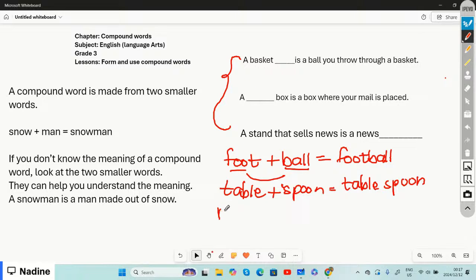And then, yes, we have news plus paper, and that is newspaper. Yes, well done. Tablespoon is correct.